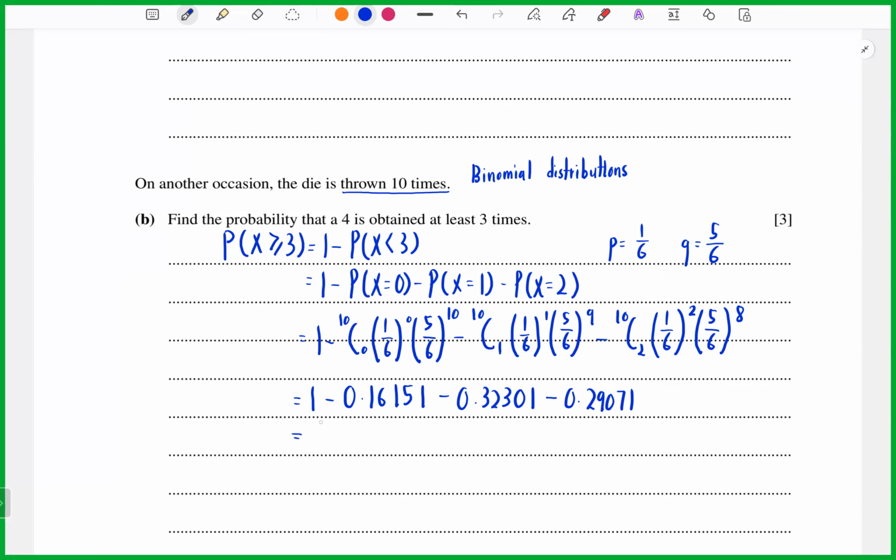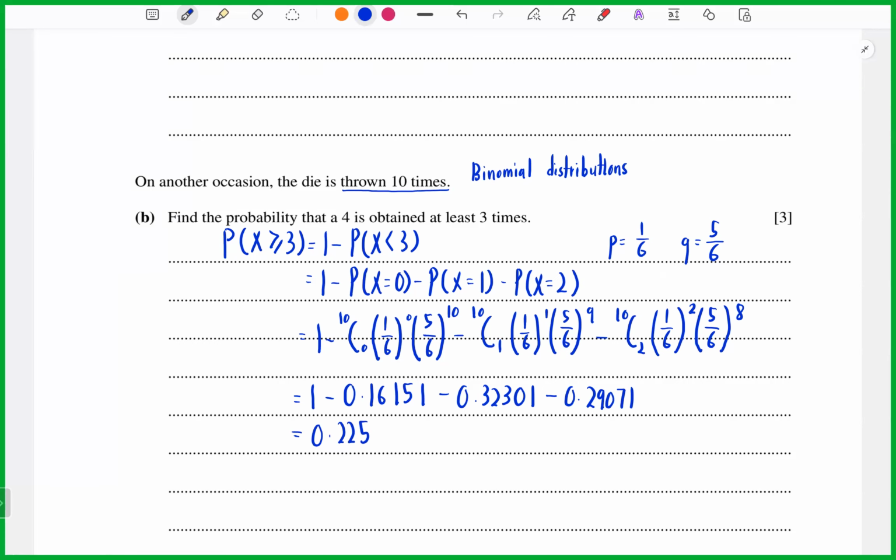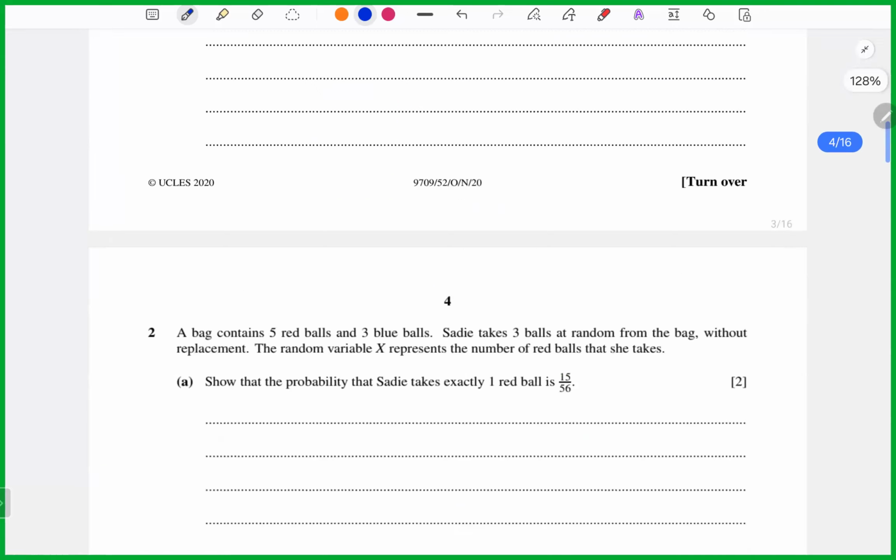So you will get the answer equal to 0.225. Make sure your answer is written in three significant figures. Now we go to the next question.